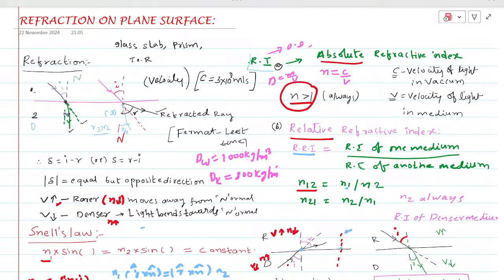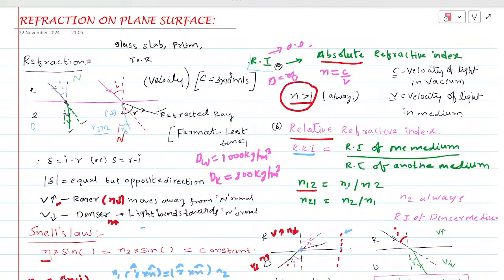This is mass density, mass per unit volume. The optical density of kerosene is more than water, which means for light, kerosene acts like a denser medium than water.